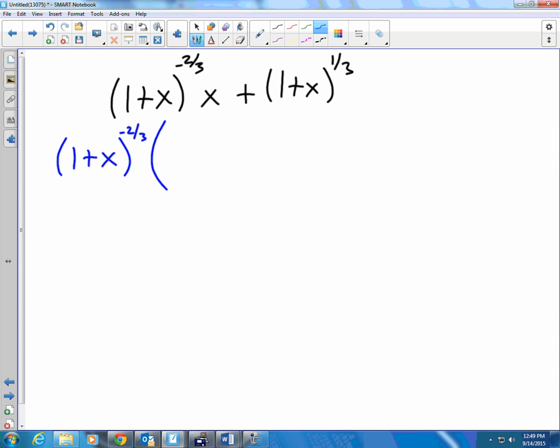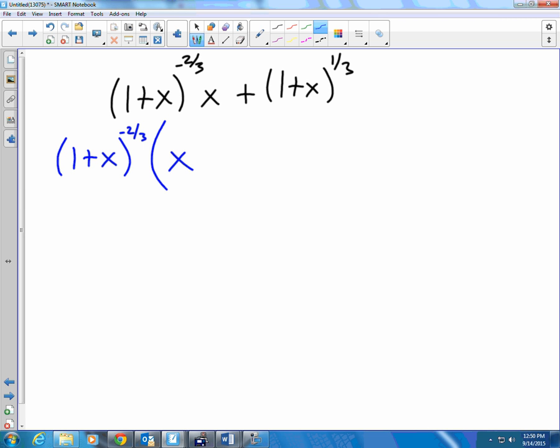What are you left with? What's negative 2/3 minus negative 2/3? 0, and anything to the 0 power is 1. So we have 1 times x. So I'm left with that x.